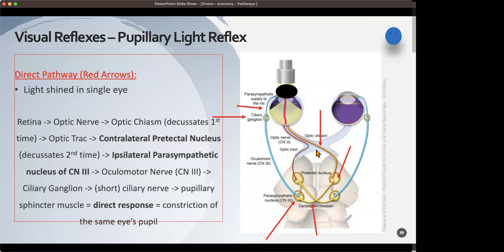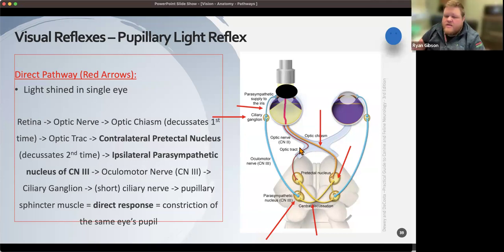Once we leave the optic chiasm, the tracks split. And so the visual pathway now will send signals up to the lateral geniculate and then go up towards the cortex. But the PLR pathway is going to stay down here in the diencephalon.